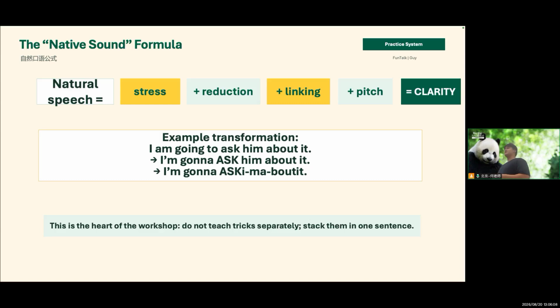And pitch, which we didn't cover today. Pitch is like intonation, right? For English it goes up and down.